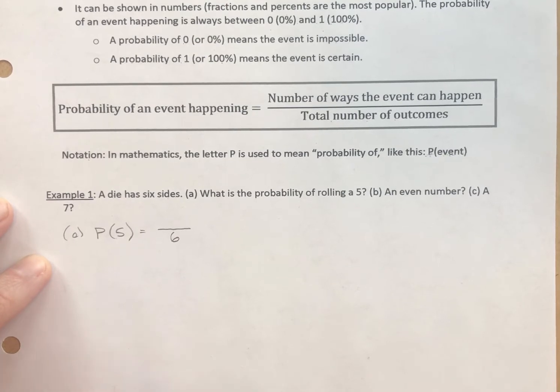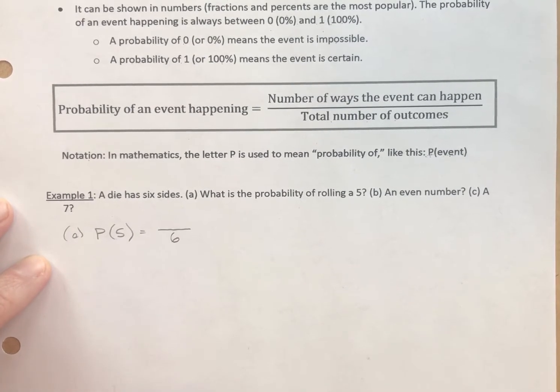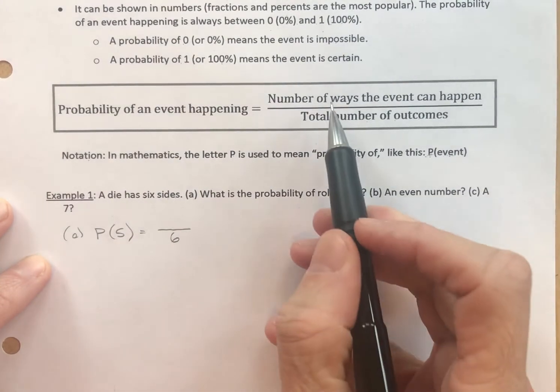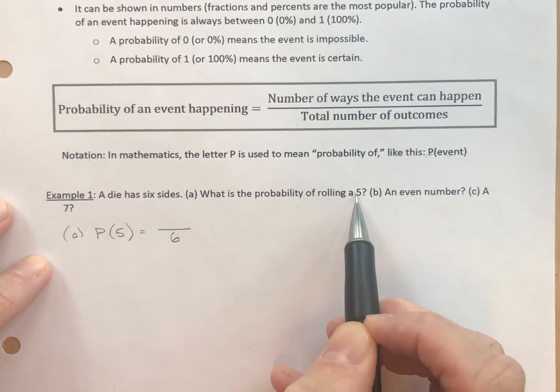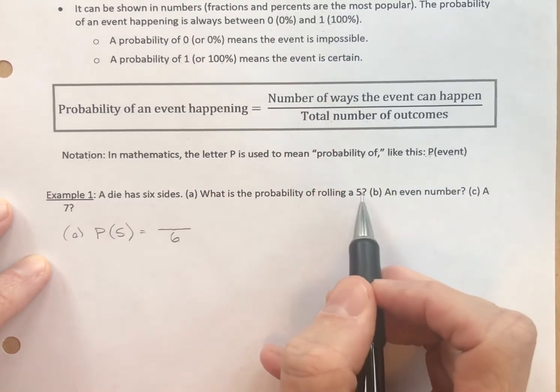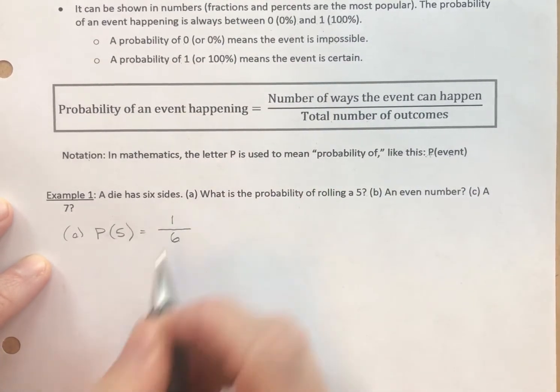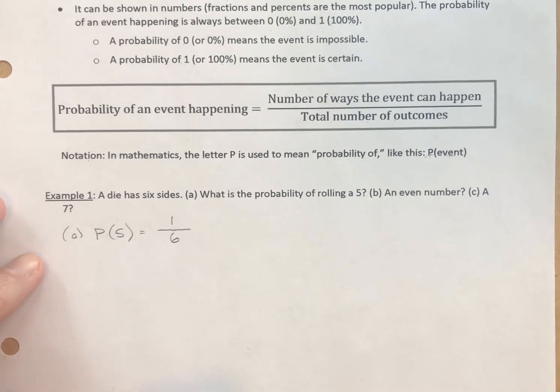If you can roll it, you get 6 different possibilities, 6 different outcomes that can land face up. Number of ways a 5 can happen out of these 6: well, one of those sides is a 5. So the number of ways that a 5 can happen is 1. 1 out of those 6 is a 5.